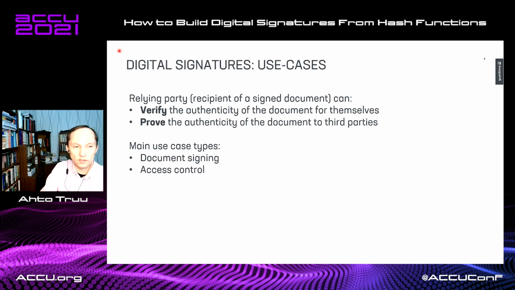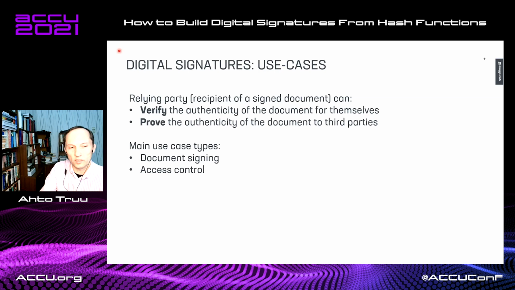For access control, the main purpose of the signature is that the server can verify the authenticity of the incoming request for itself, so that it knows the request can be processed and honored.